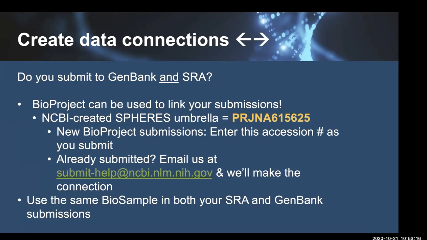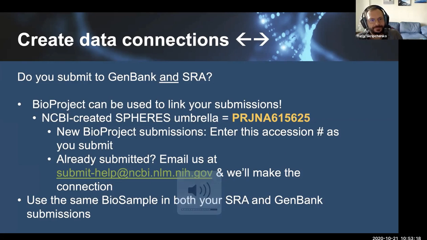Okay, great. So as I was saying, what we want to do is create connections between GenBank and SRA to make it a lot easier for users to either get the GenBank data sets or to get the SRA data sets.